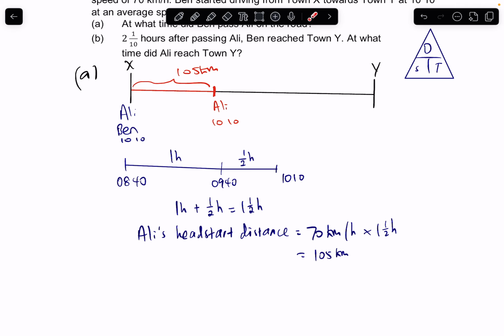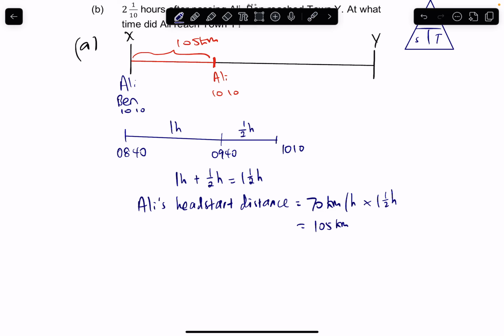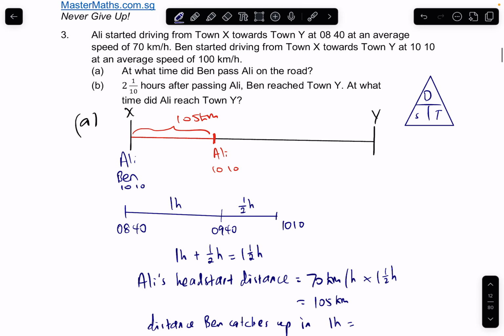There is a distance that Ben needs to catch up, which is 105 kilometers. He's starting later, so he needs to speed up, and indeed he is faster by 30 kilometers for every hour. So the distance that Ben catches up in 1 hour will be the difference in their speed, right?